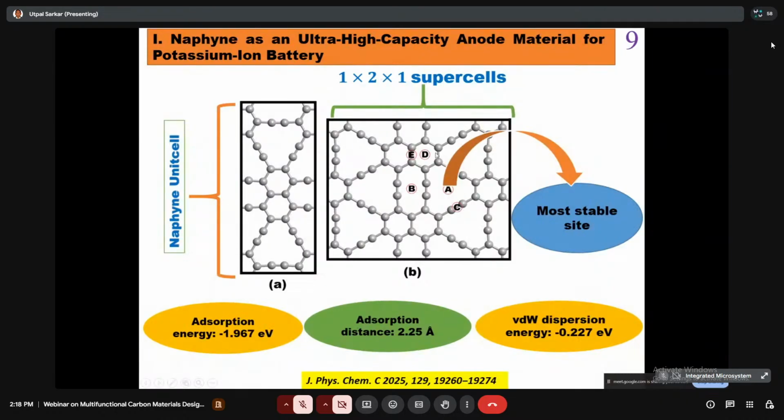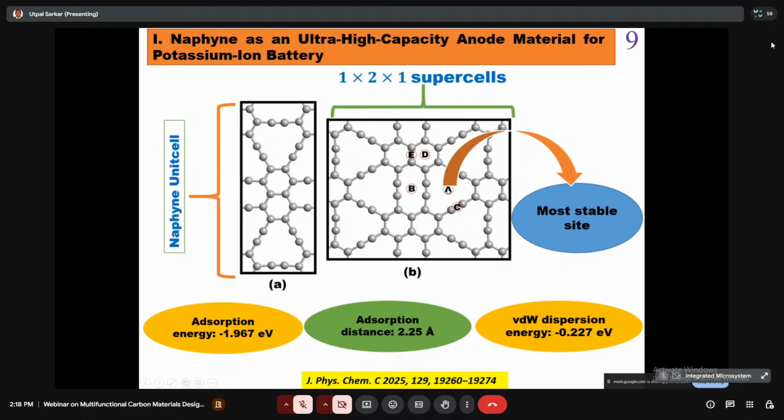And now we have considered the energies of all these 5 and found that this A position, the middle of the triangular hollow position, is best for sodium absorption, and its absorption energy is roughly minus 1.967 electron volt.